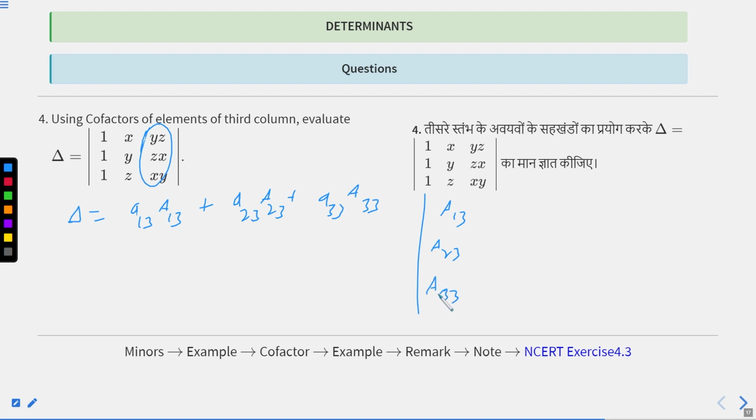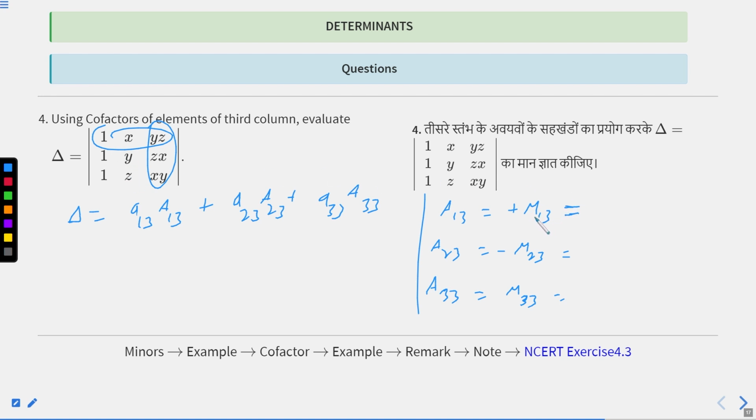Now what is happening is quite simple. So this will be, as you can see, plus m13 minus m23 plus m33. Why? Because 3 plus 1 will be 4, 3 plus 2 will be 5, and 3 plus 3 will be even number. Now m13 means eliminate first row third column to find the determinant.